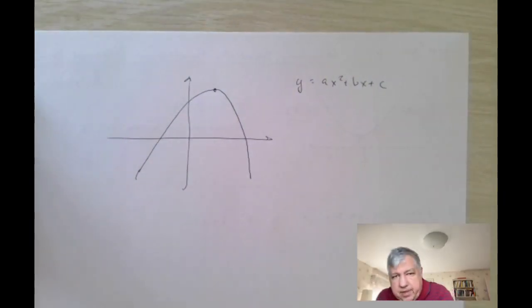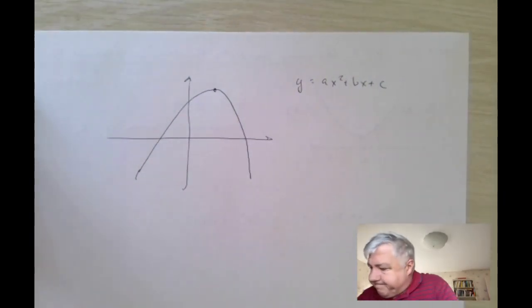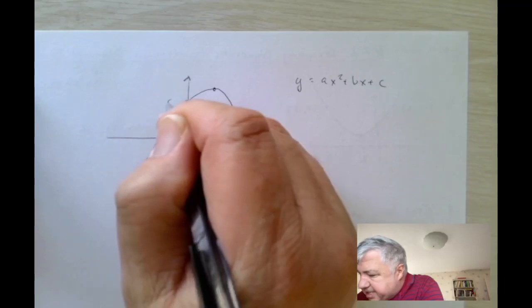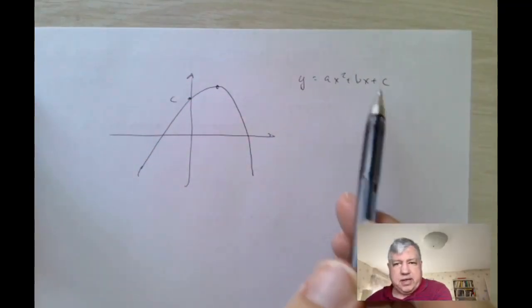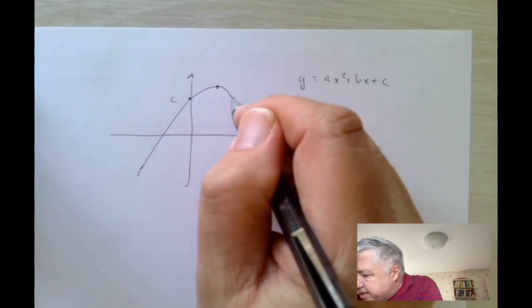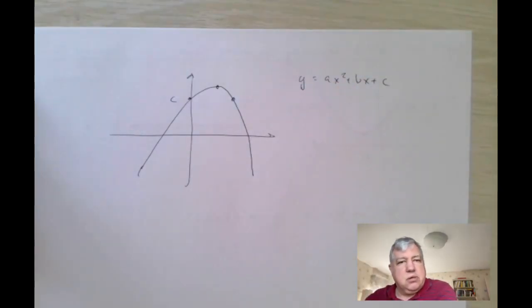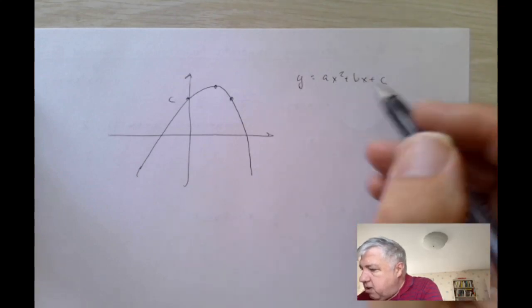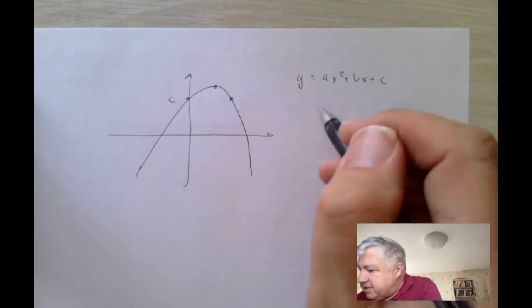Now, in this case, we know that the y-intercept is going to be c, because if we plug in x equals 0 here, we get c. But we can see that there's another point on the parabola that has the same y-coordinate, c. Well, what would that be? Well, we can just set y equal to c.